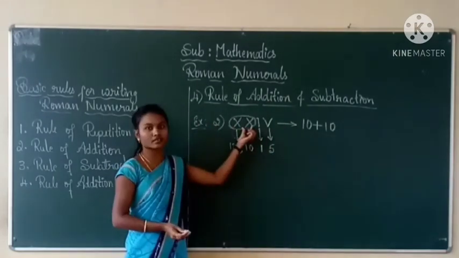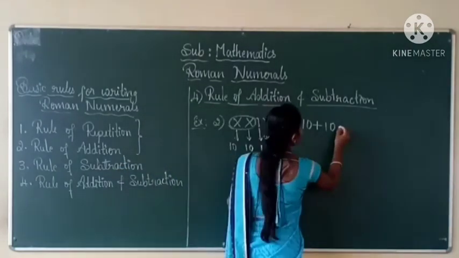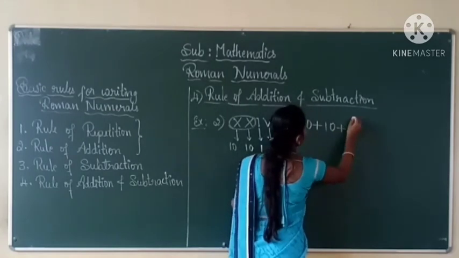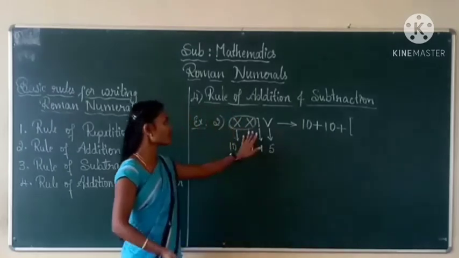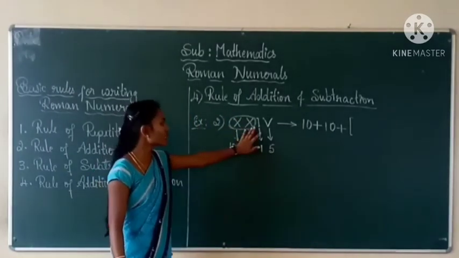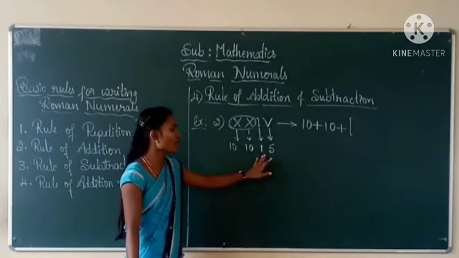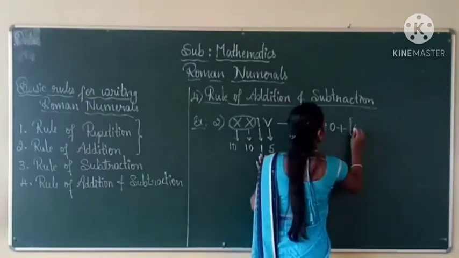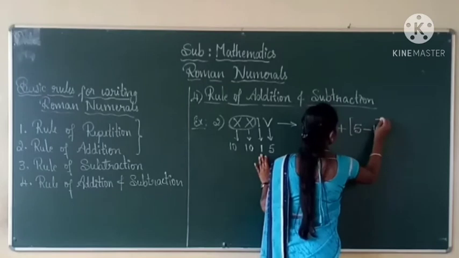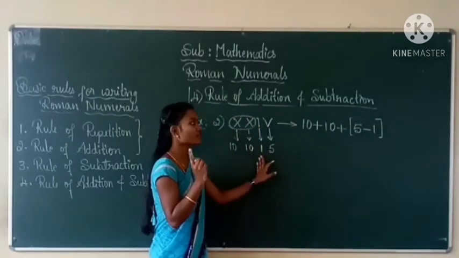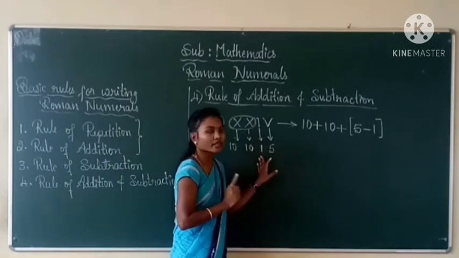10 plus 10. Then put an addition symbol and write a bracket. We know that we have to minus I from V. That is 5 minus 1. Right? 5 minus 1. Close the bracket. If you open the bracket, you have to close the bracket.